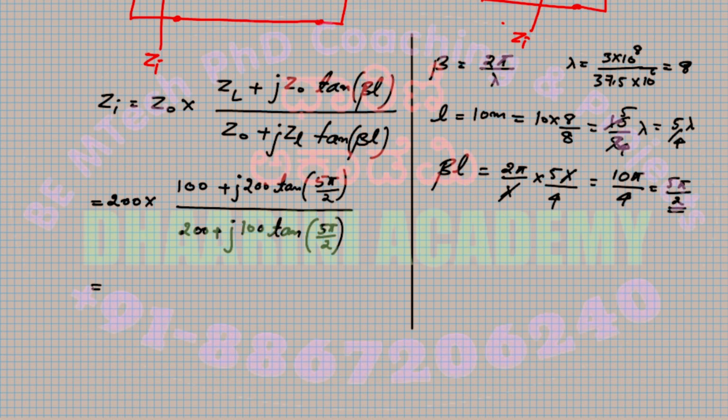So in that case, we need to take the tan 5 pi by 2 outside. Before you do the calculation, take it out. So let's do that.